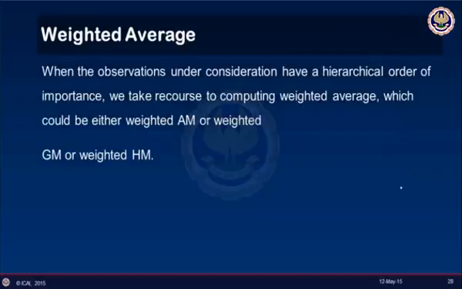When the observations under consideration have a hierarchical order of importance, we compute a weighted average, which could be a weighted AM, weighted GM or weighted HM. The weighted AM formula is sigma WI XI by sigma WI, where W is the weight.